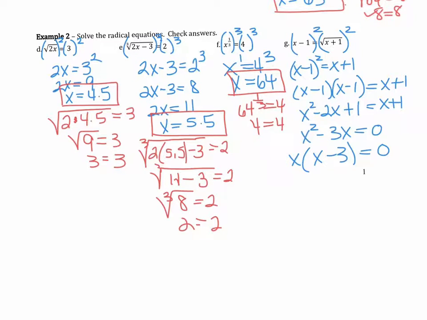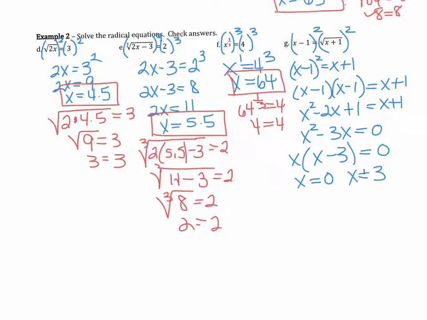Now I have the product of two expressions equal to 0. If the product of the two expressions is equal to 0, one of the expressions has to be equal to 0. So x equals 0 or x equals 3. Now you have to check your answers. So the first thing we're going to do is check for 0.